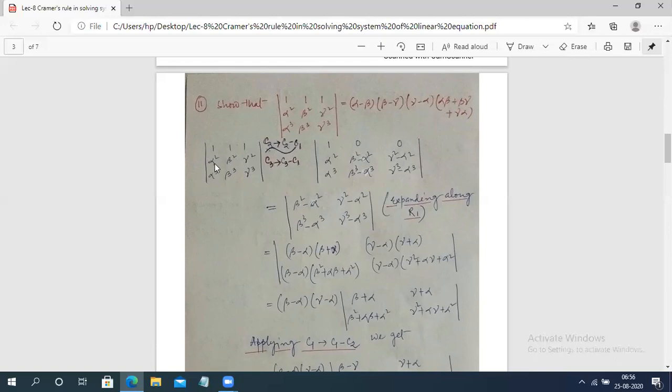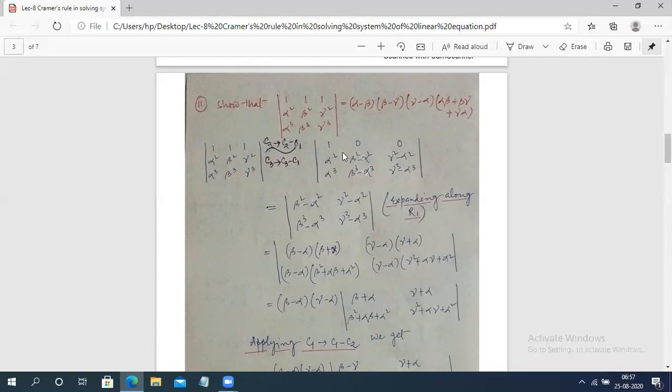You can change R2 as R2 minus R1 and R3 as R3 minus R1 also. But I am doing it here along column. So change C2 as C2 minus C1 and C3 as C3 minus C1. Then what will happen?